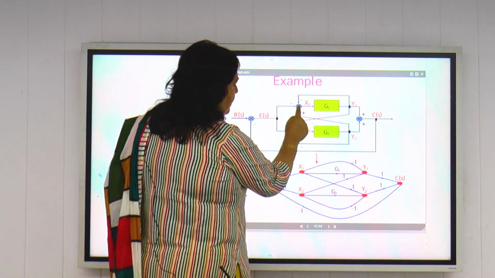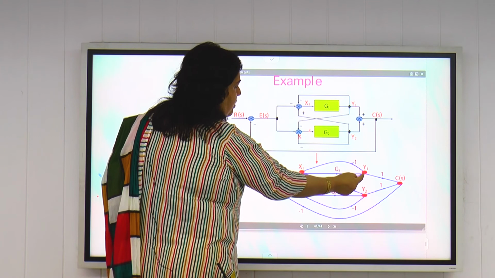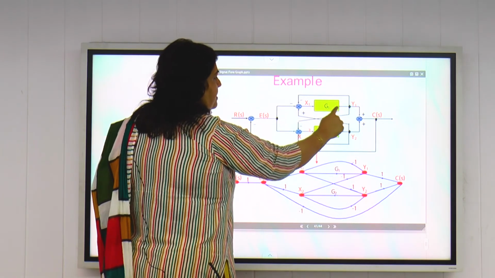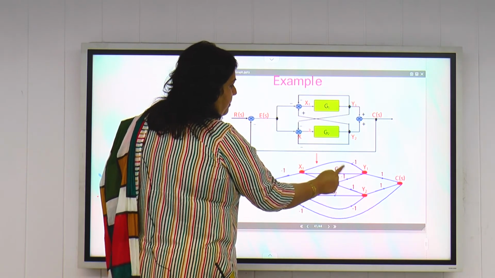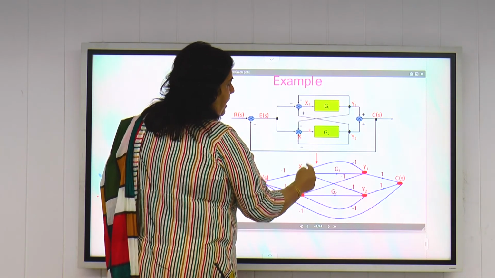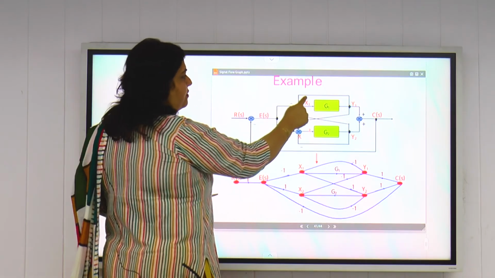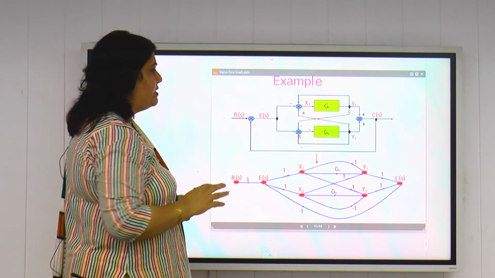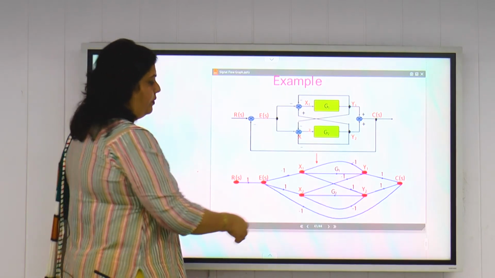Then we represent this comparator as node X1, this takeoff point as this node, and this CS as this node. Between X1 and the next node we have the transfer function G1, so we will represent it by G1. Similarly, whenever we consider the feedback path, we have to identify the transfer function with the positive or negative sign, whichever is represented. So this is how we convert a block diagram into a signal flow graph.